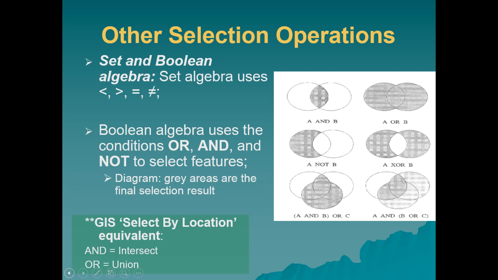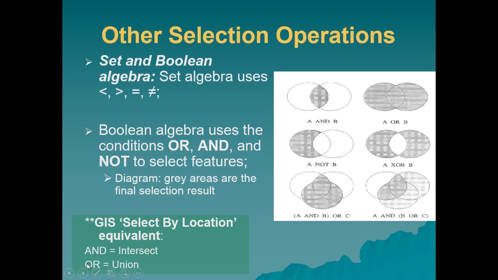Okay, what I want to point you to as well, this little box here, just a note to highlight to you, is that in terms of the or and and operators, the result of those would be this. For example, when you use the AND operator between two different layers, it produces the results of an intersect.